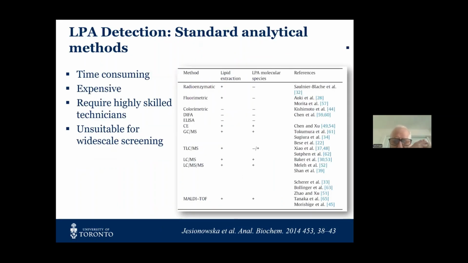There are a number of methods to detect this particular molecule, and many of these are looked at, such as radiometry, fluorescence spectroscopy, various forms of gas chromatography, mass spectrometry, and liquid chromatography. But of course, in terms of large-scale screening of patients or the population, this would be impossible because these things require generally pretty sophisticated instrumentation, and also the cost of it.